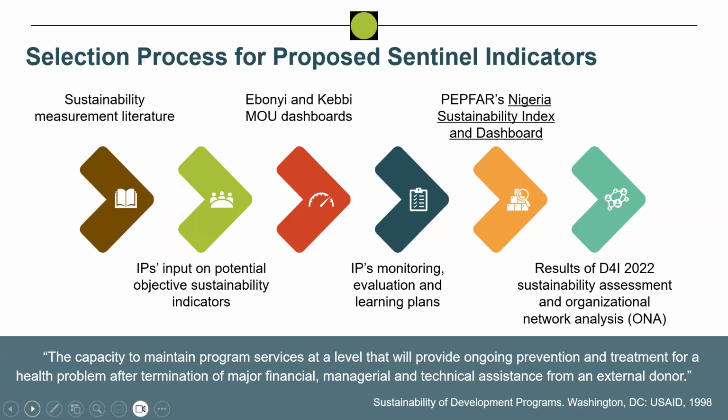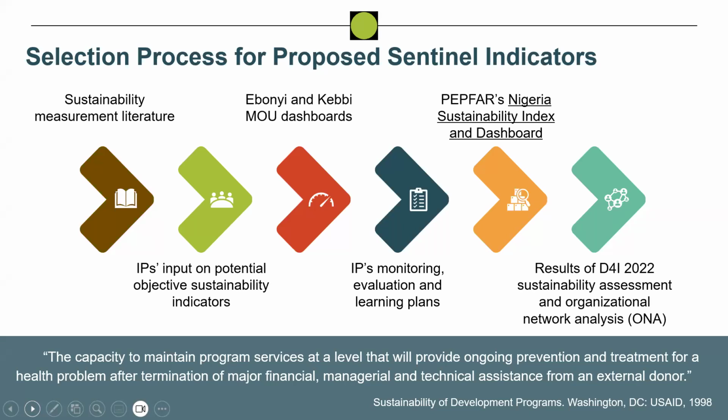We also looked at dashboards for Ebonyi and Kebbi associated with memorandums of understanding that each state has with development partners. These MOUs have certain indicators to track progress, and so we looked at what indicators and what domains they were using to assess local commitment and engagement within the context of these MOUs.